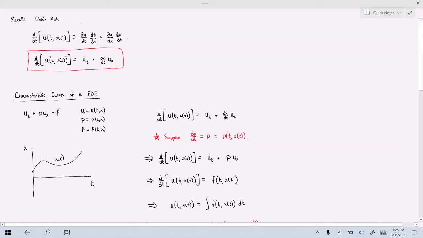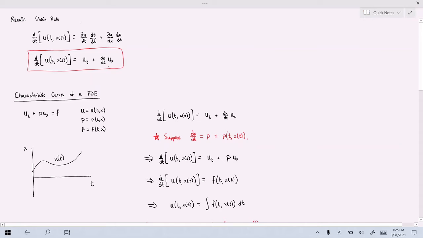Okay. Now, derivative of t with respect to itself is just 1. And then I rewrote the partials as ut and ux. All right, so then this is the derivative according to the chain rule.